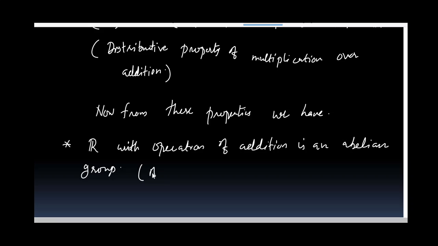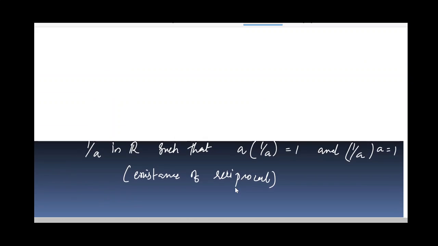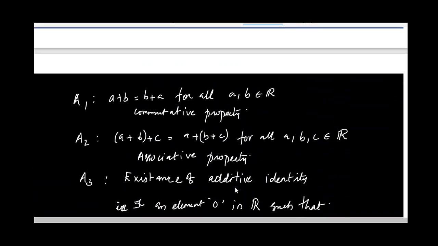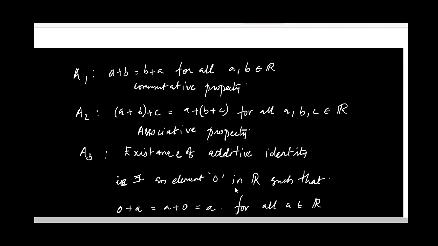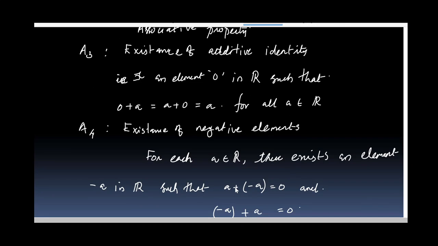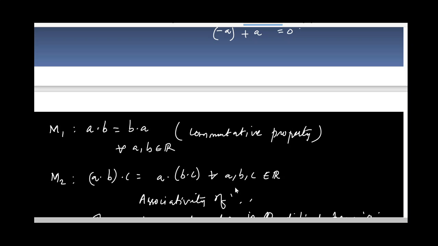From where are you getting this? From conditions A1, A2, A3 and A4. Condition A1 says commutativity, A1 commutative property, A2 associative property, A3 existence of additive identity, and the fourth one existence of inverse. So these four conditions say that R is an abelian group with respect to addition.